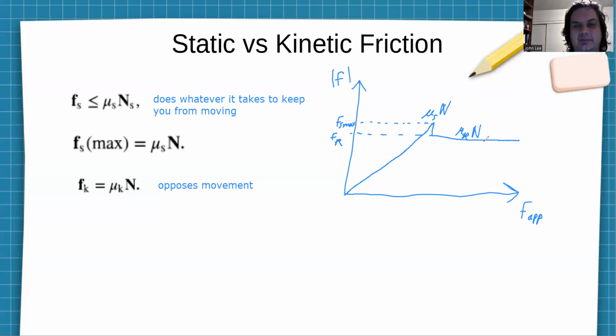So both of them are dependent on this value n, the normal force. It's just a difference in magnitude, which comes from mu_s always being greater than or equal to mu_k. So they have two different coefficients.